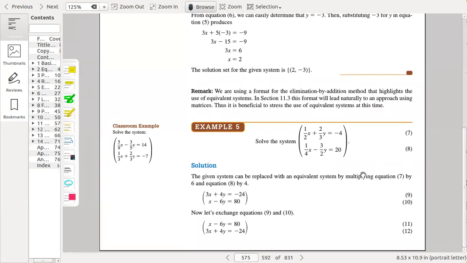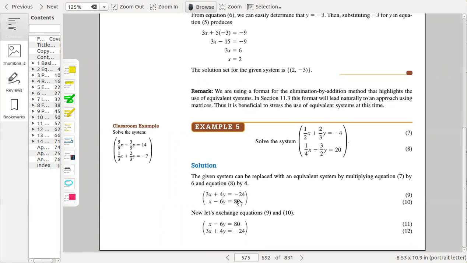If we multiply equation 7 by 6, we have 3x plus 4y is equal to minus 24. And if we multiply equation 8 by 4, we have x minus 6y is equal to 20 into 4, 80. Okay. So then we can have a value of x from here.